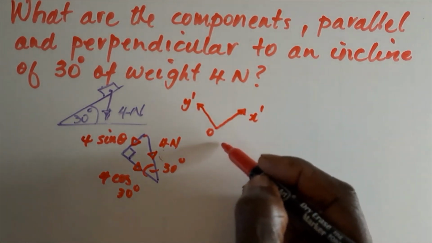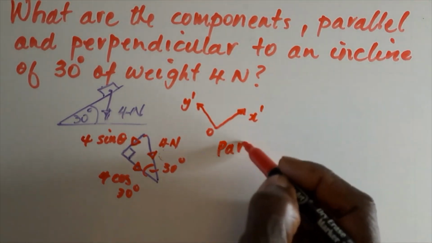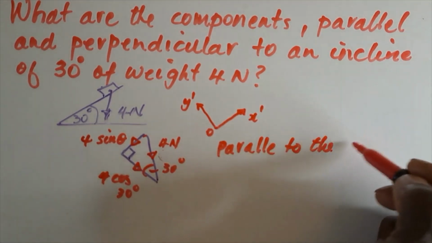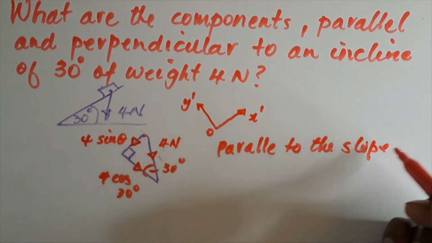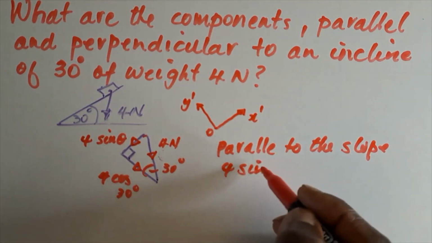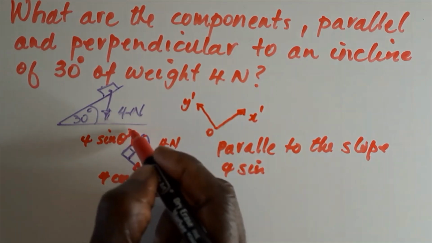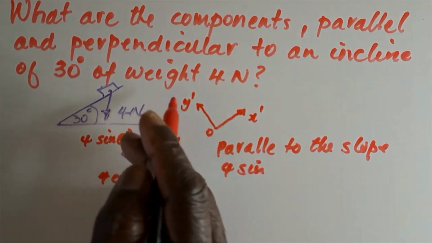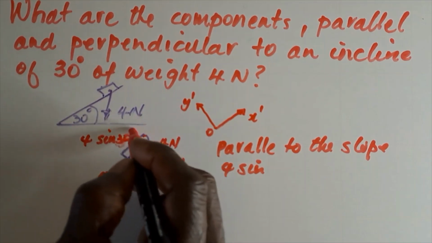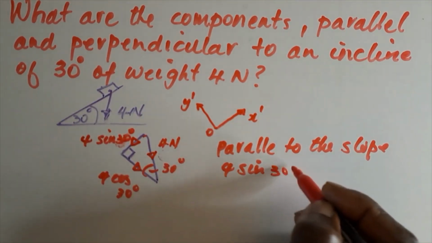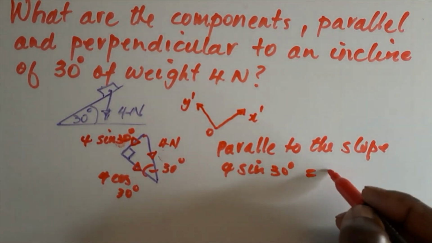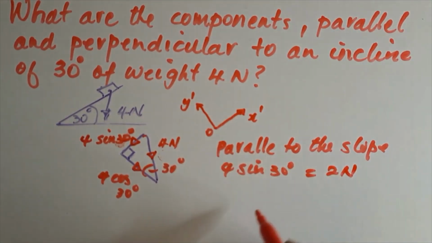So parallel to the slope or incline, we have 4 sine 30 degrees, which is equal to, sine 30 is a half, so this is equal to 2 newtons.